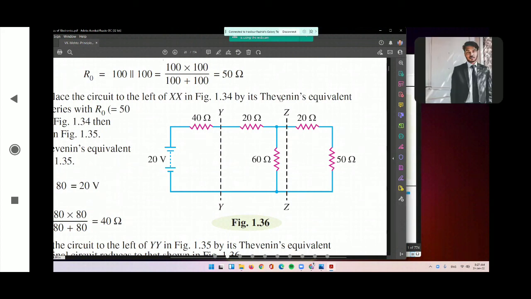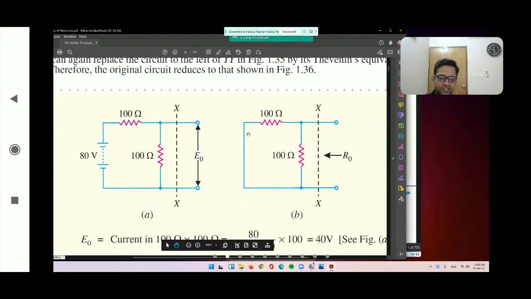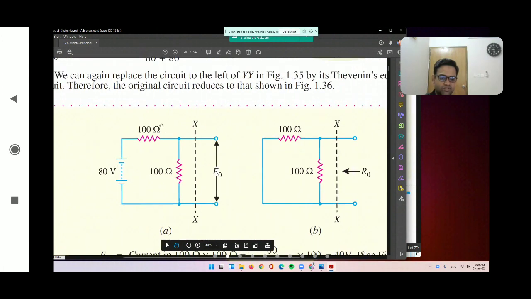You can do it by considering Z or by not considering Z. After that, that will be our ultimate equivalent circuit, and then we find out the E0 and R0.